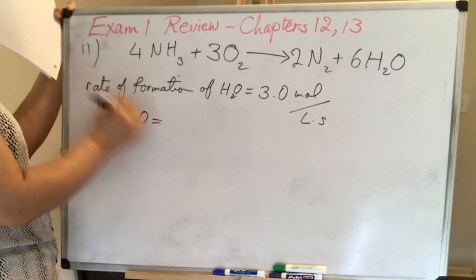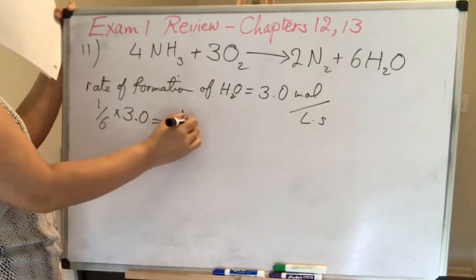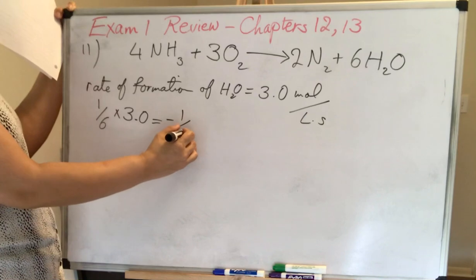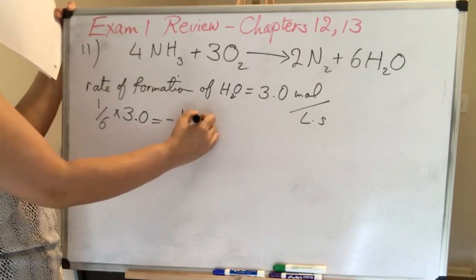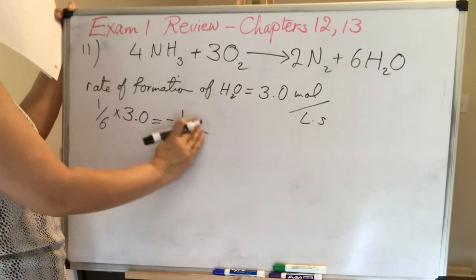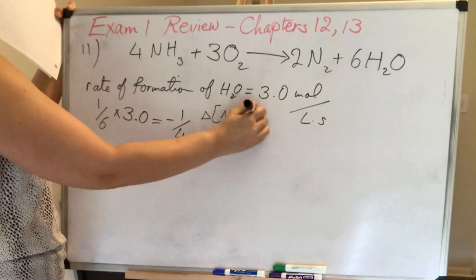right, must be minus 1 over 3, no, this is for ammonia. Rate of, or delta NH3 over delta T, that's the rate, right?